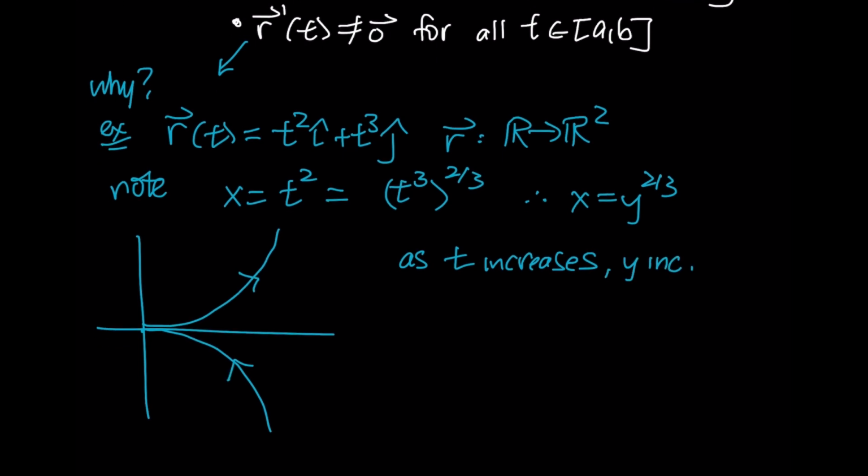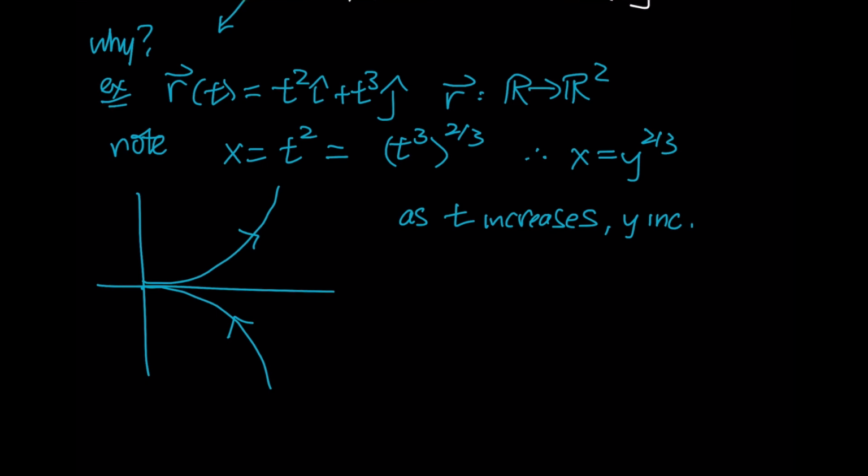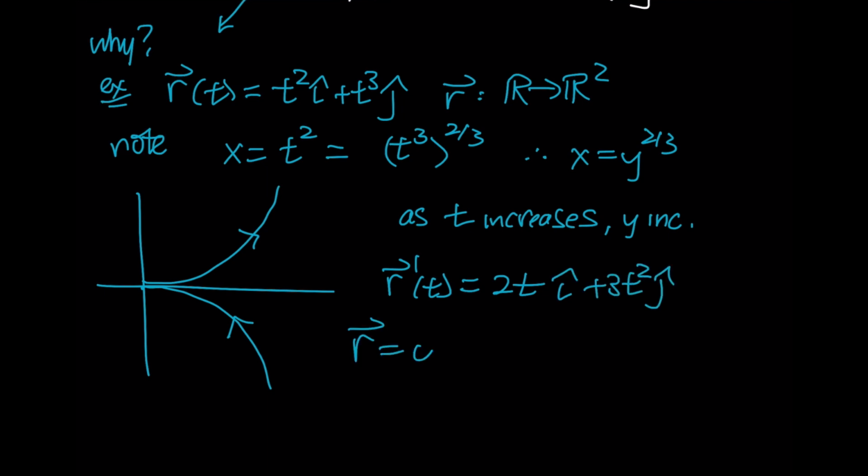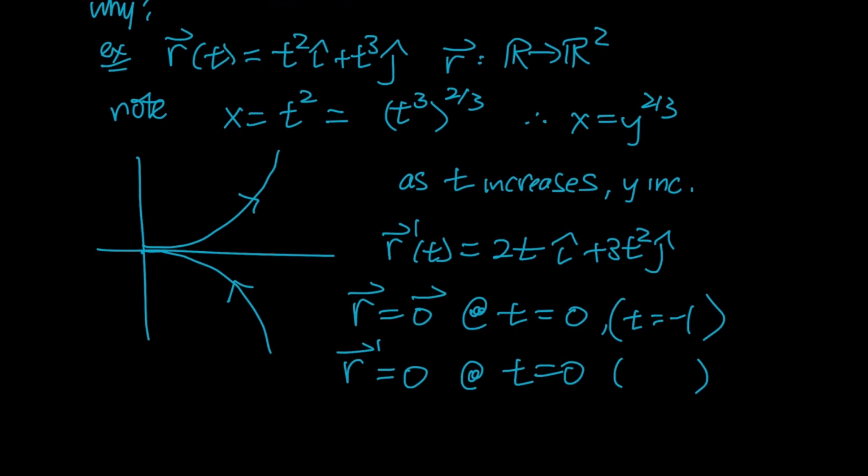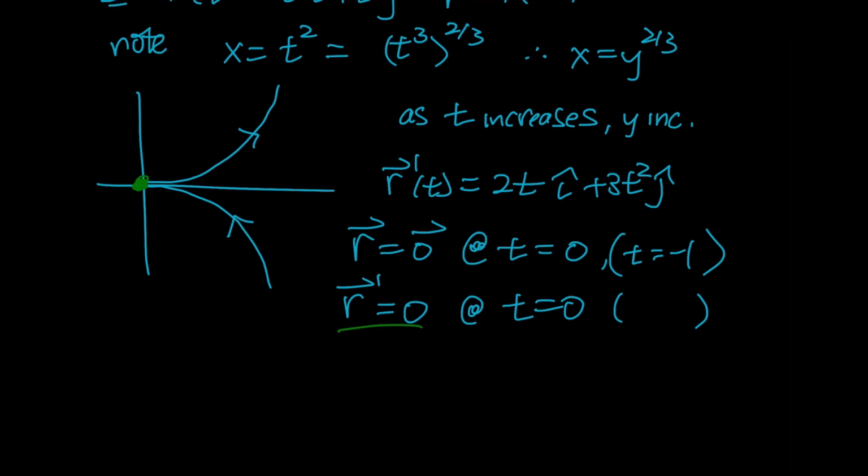If I wanted to find r prime of t, I have 2t i plus 3t squared j. Now, r equals 0 when t is at the origin. That's one possible answer. The derivative equals 0 when t is equal to 0 as well. Now, what's happening here? The derivative represents the tangent to the curve at a given point.